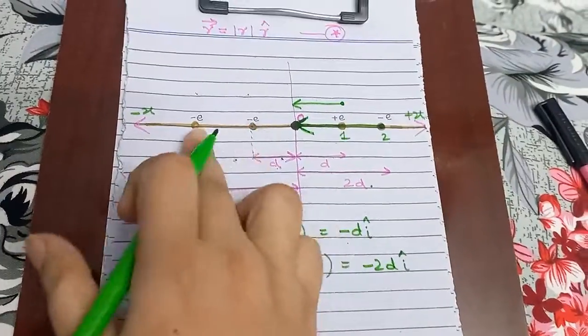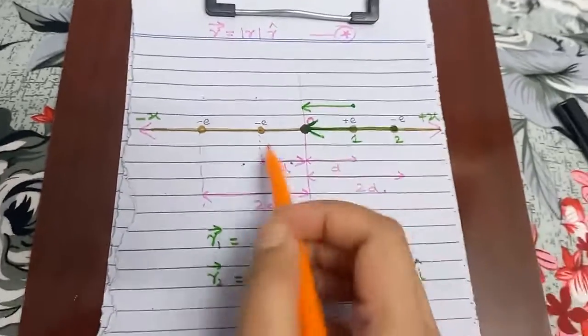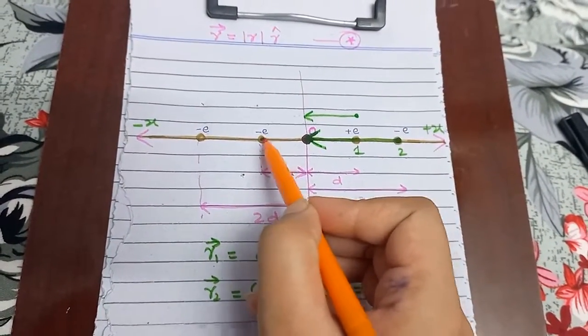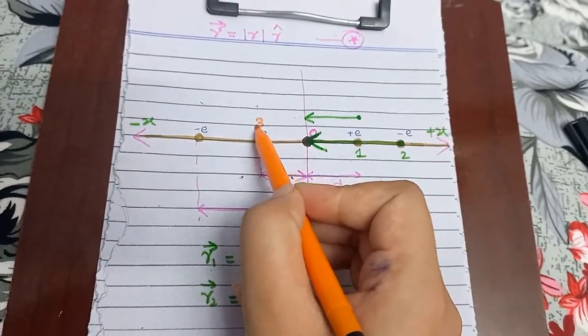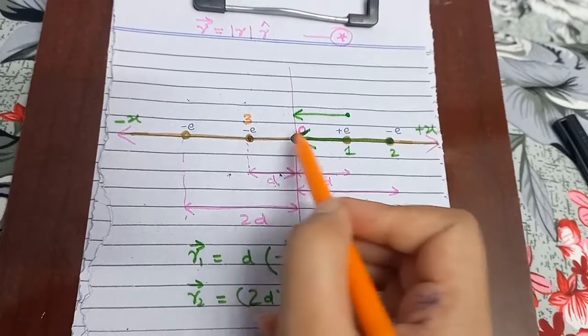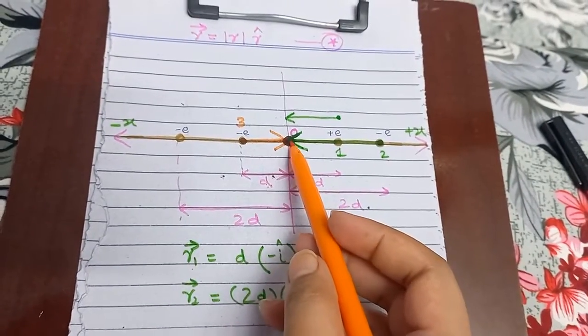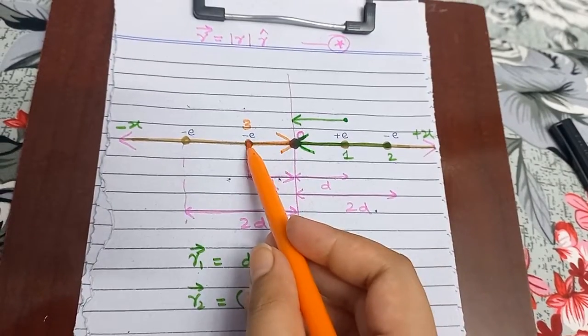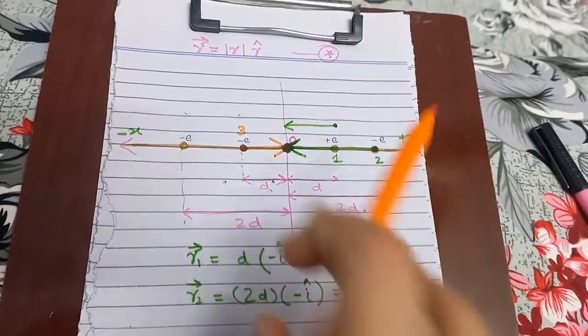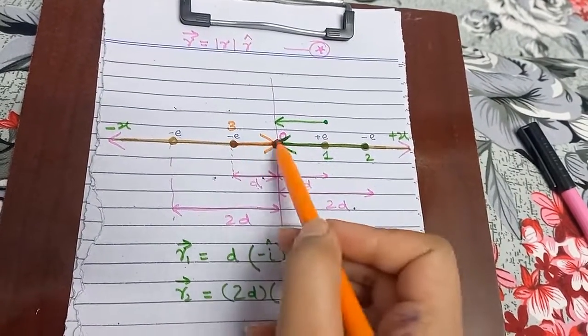Now let's consider these two, and for them I'm using a different color, orange. Let's call this one object number 3. This is the initial point, and here is the head. The head of the vector will always be at the central point, while the initial point is at the object that we are considering, and this is the vector.